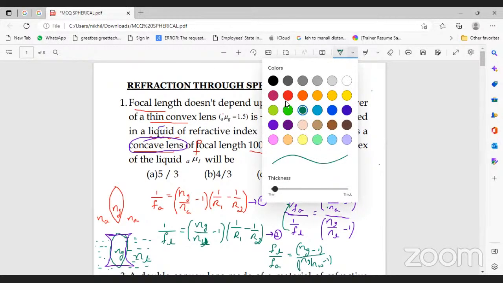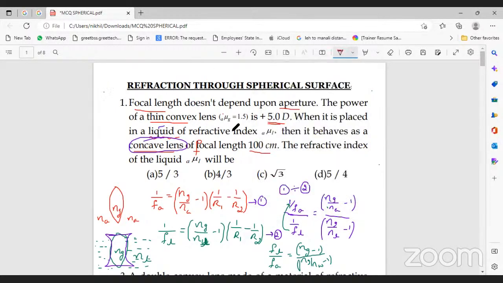Can you tell me the data? What is the power of the lens in air? 5D. What is the focal length in air then? 1 by 5, that is 0.2. So this is the focal length in air. What is the focal length when it is immersed in the liquid? 100 centimeters. 100 centimeters means how many meters? 1 meter.